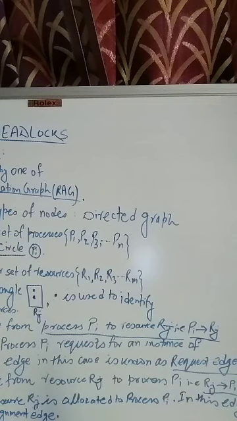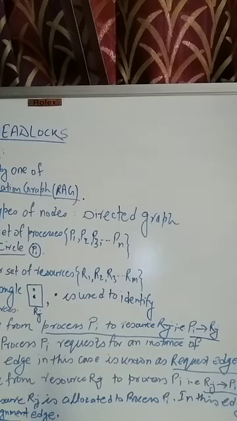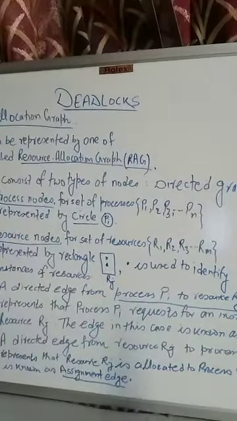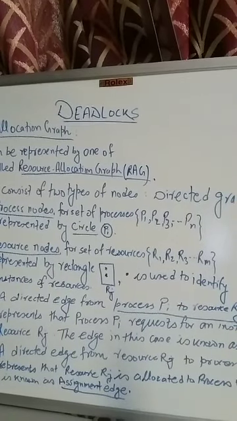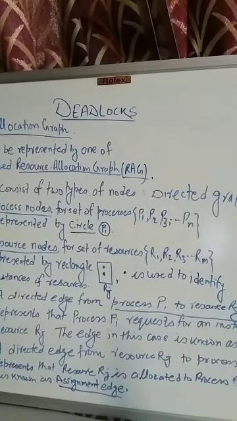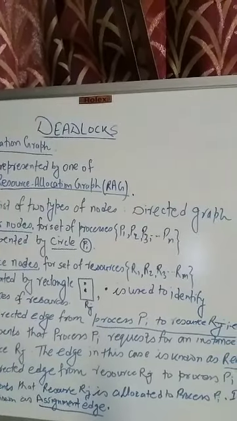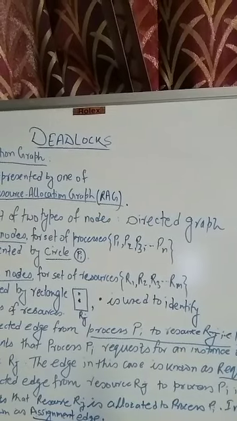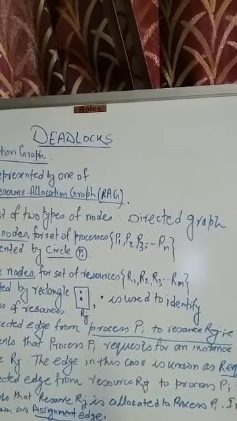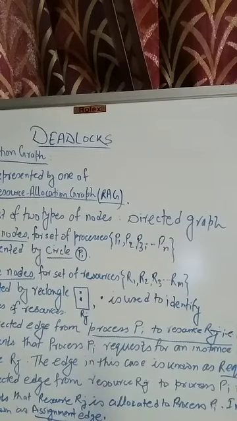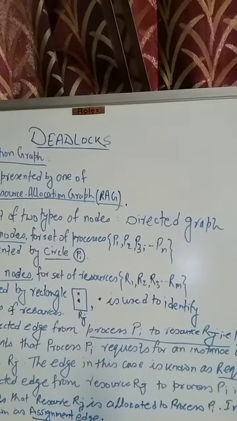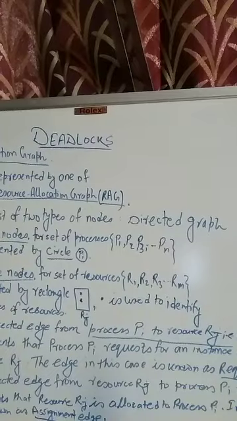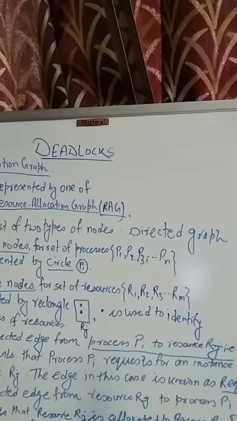In this case, the directed edge is known as an assignment edge. So there are two different types of nodes in this RAG, process node and resource node, whereas two different types of edges: first is request edge and the other one is assignment edge.